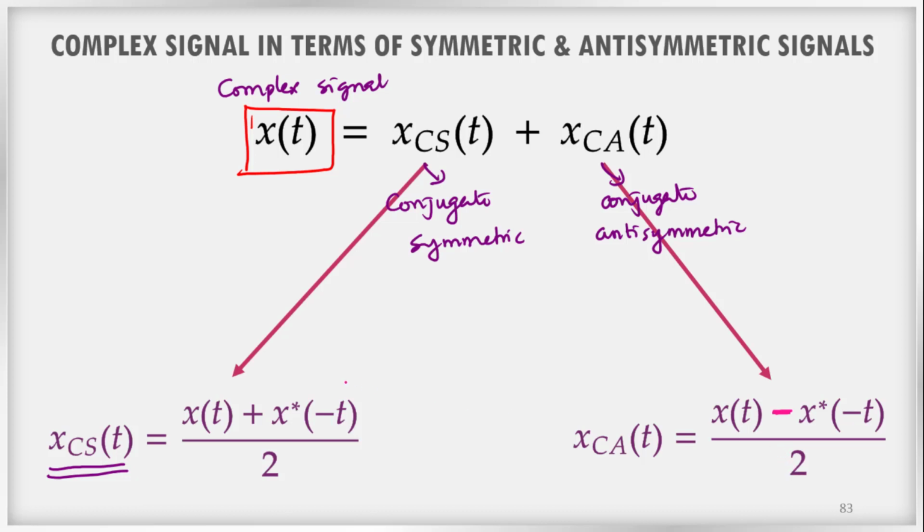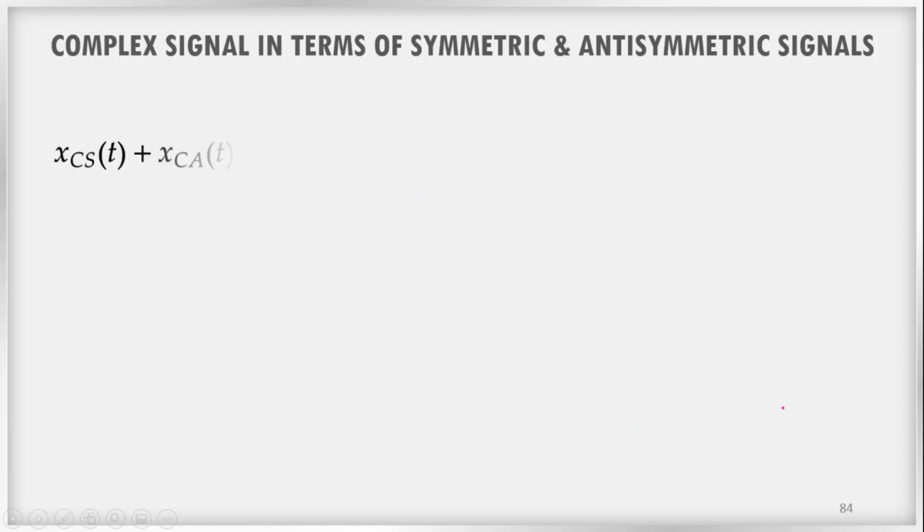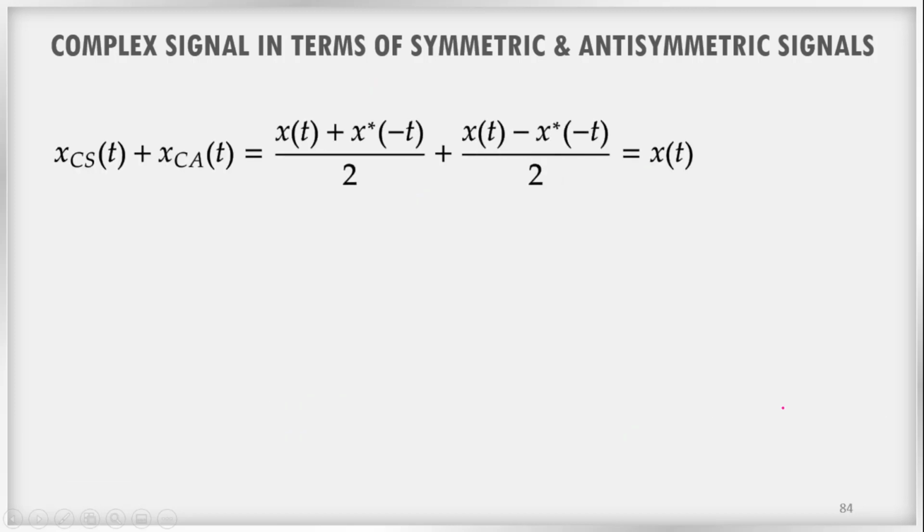Please note that the conjugate symmetric signal is defined with a plus and the conjugate antisymmetric signal is defined with a minus. On the left side we have x of t and on the right side we have x asterisk of minus t in both cases, divided by 2. Let us add these two signals, XCS of t and XCA of t.